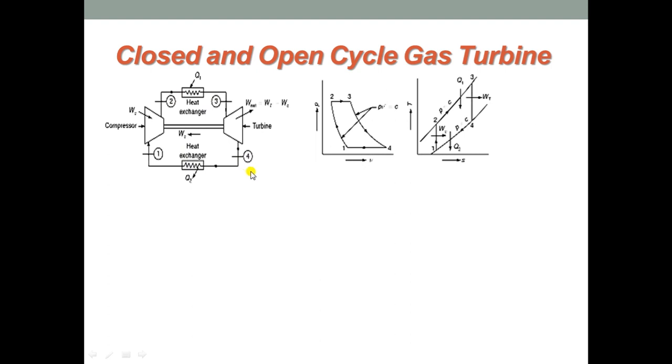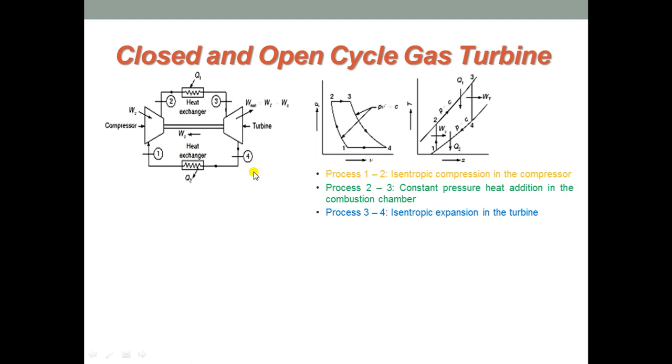Next we see the open cycle gas turbine. Before going to the open cycle gas turbine, we can name the different processes of the closed cycle gas turbine. Process 1-2 is isentropic compression in the compressor. Process 2-3 is constant pressure heat addition in the combustion chamber.